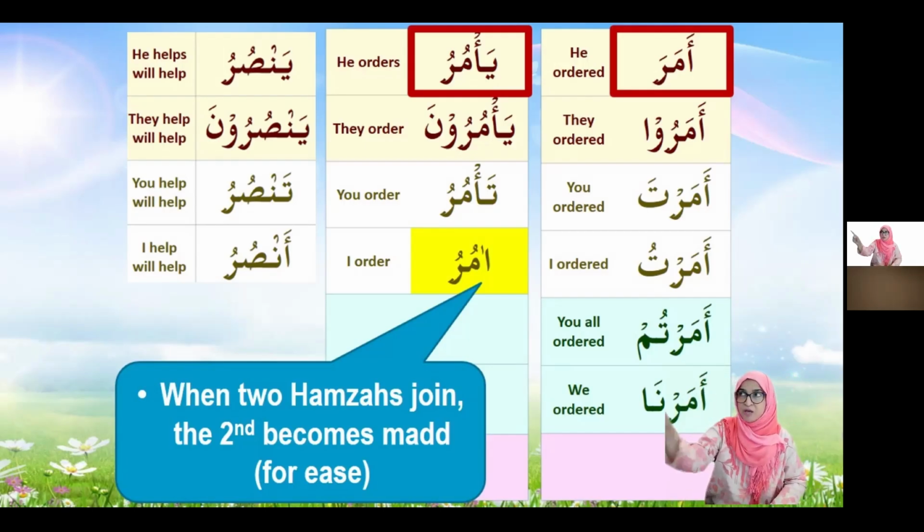So ya'muru, ya'muruna, he orders, they order. Ta'muru, you order. Amuru, I order. So this one little difference was there. That's why I spent some time explaining this.